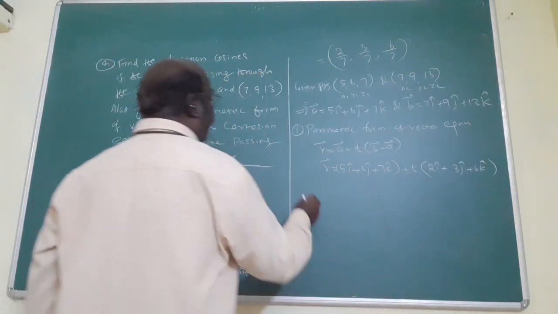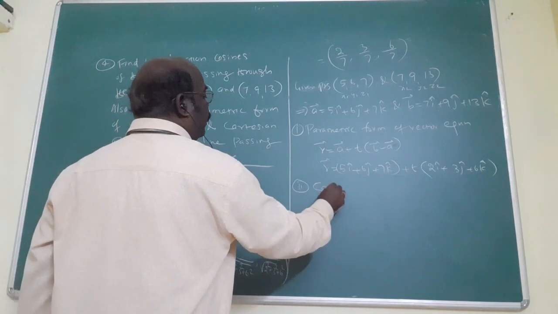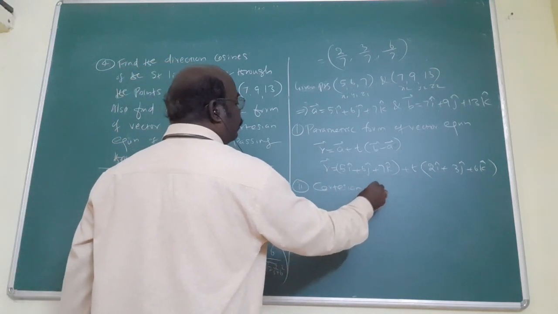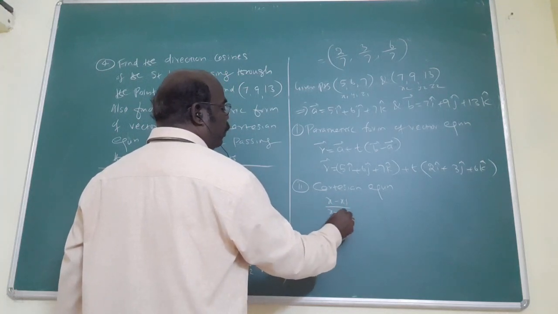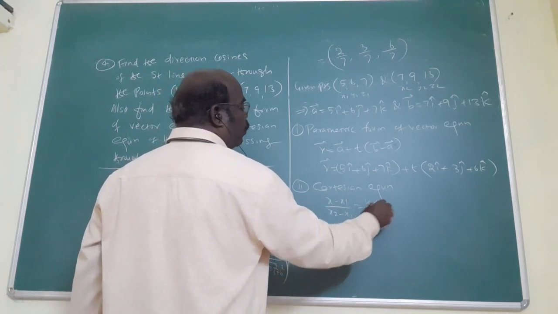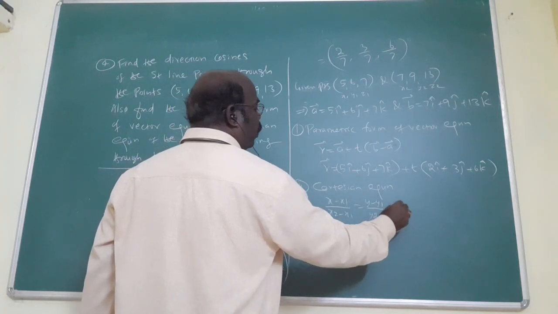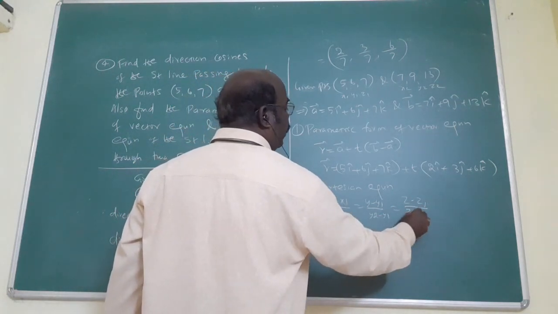Now what is asked next? Second one, the Cartesian equation is asked. What is the formula? x minus x1 by x2 minus x1, y minus y1 by y2 minus y1, z minus z1 by z2 minus z1.